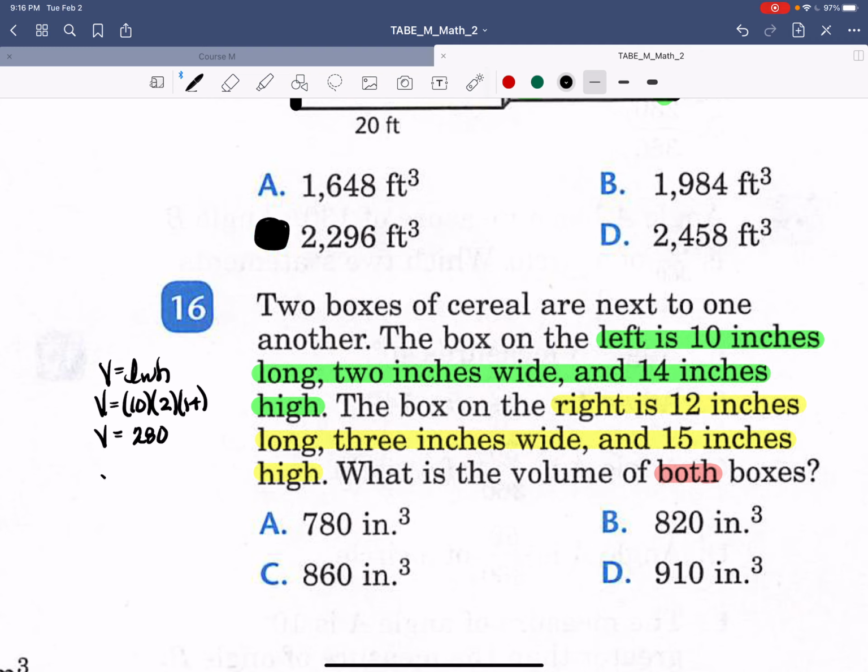The one on the right, the yellow highlight, is 12 by 3 by 15. And I have no idea what that is. I think that's 540. Added the 280 to get 820. So for number 16, I like option B.